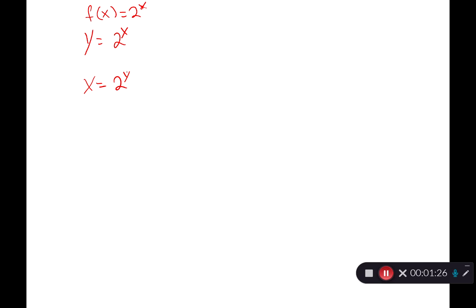Now, mathematicians looked at this and said, how in the world are we going to solve for y? There's no conventional method by which we could get y equals something just with x in it without having a y in it as well. So they said, we need to come up with something a little different.